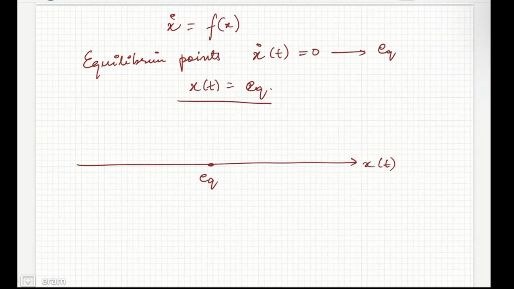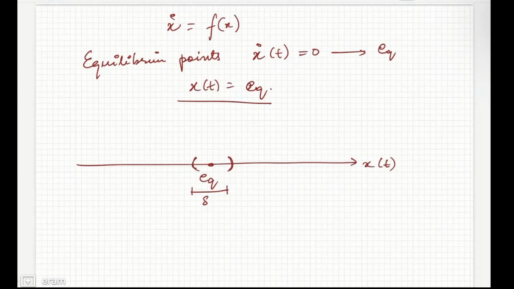Then stability tells you that if you start nearby this solution, within a delta neighborhood of this equilibrium point, you are going to stay in an epsilon neighborhood of this equilibrium point.